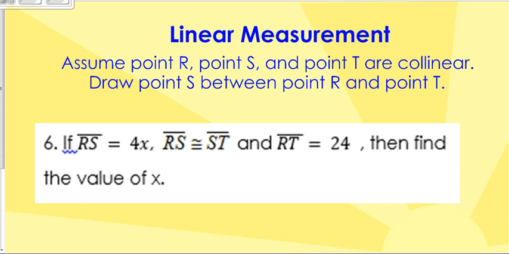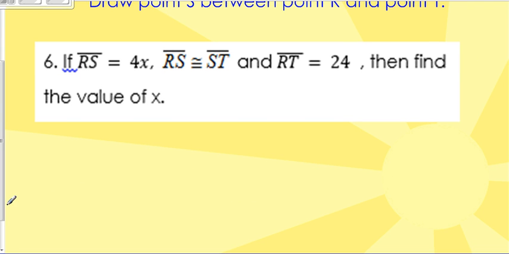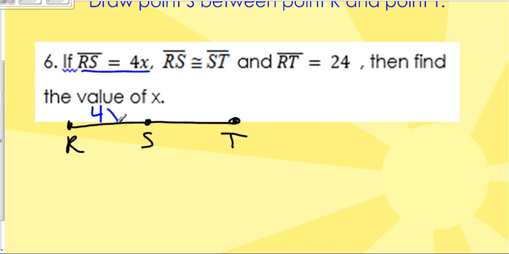All right, let's try example number 6 here. We're still drawing that same line. So I've got R to T with S in the middle. And they tell us that RS is 4x. And then they give us this statement here. RS is congruent to ST. So if RS is congruent to ST, it means they are the same.